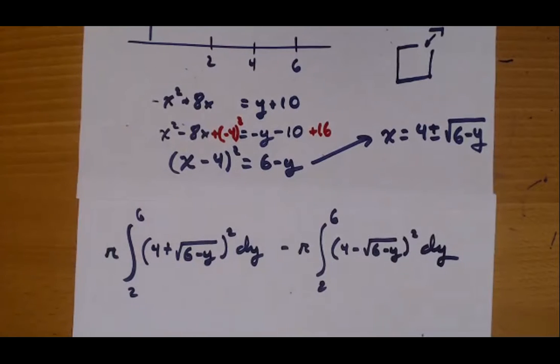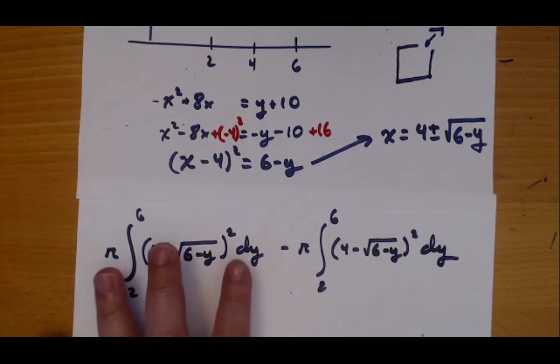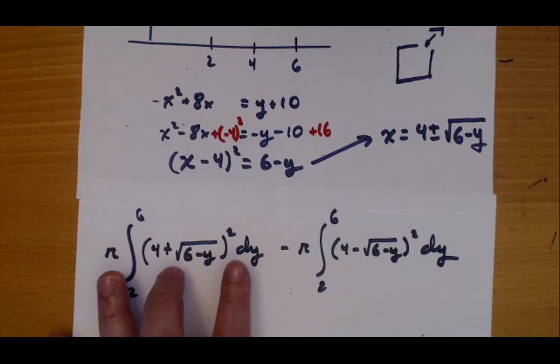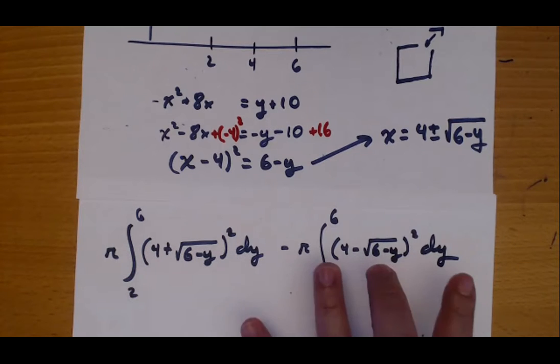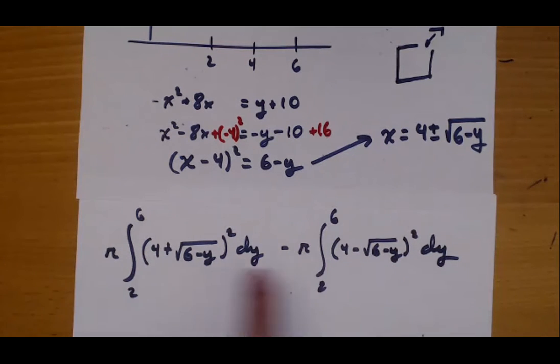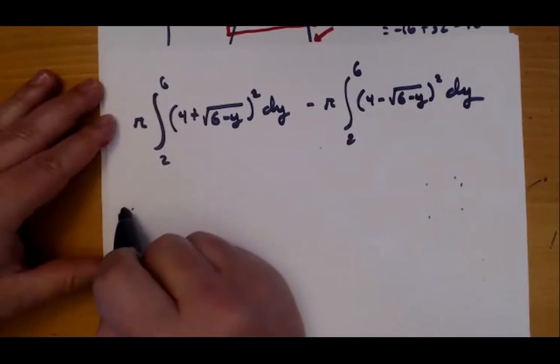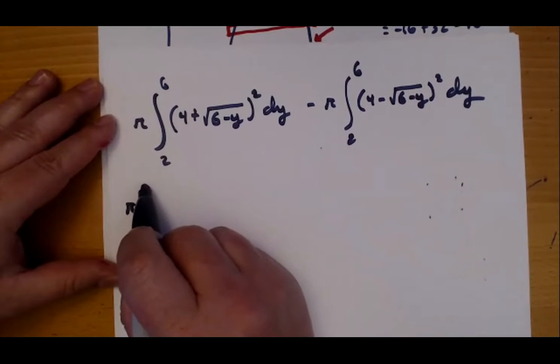Before we go anywhere, one thing you should realize is that once I expand out this odd-looking quadratic and this odd-looking quadratic, we're going to have a lot of things that cancel out. So let's expand it and put it all under one integrand.